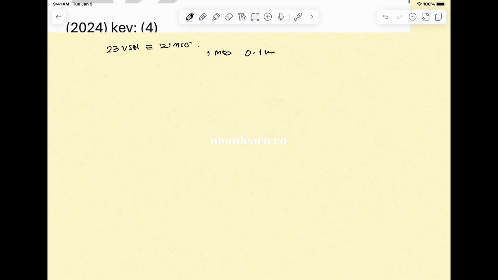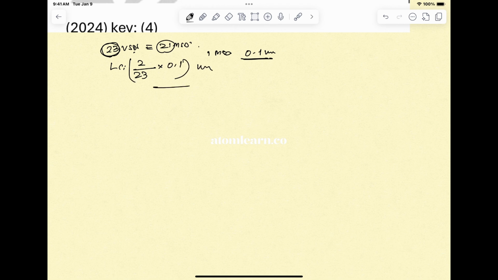Then what is the least count? As per my shortcut, the difference between these two, 23 and 21, that is 2, divided by the number of VSDs, which will usually be the higher number, 23, multiplied by 1 MSD equal to 0.1. Therefore, this many mm is the least count.